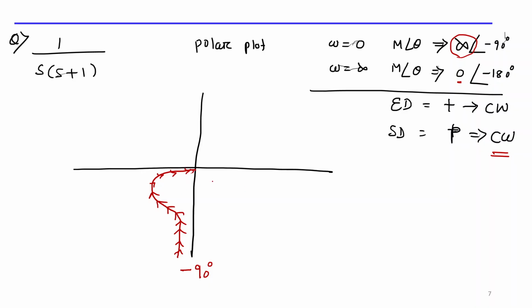If the polar plot is okay for you, then you find the mirror image of this polar plot. The mirror image will be something like that. Just remember that you have to keep the direction continuous. If you reach this point, then you have to start from this point.